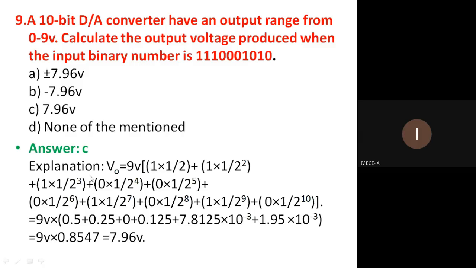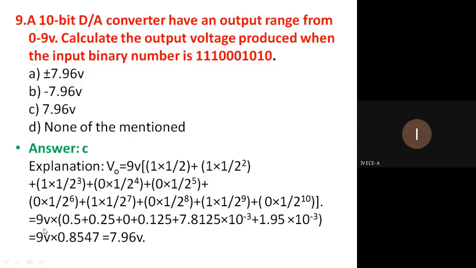Explanation: output voltage equation for a 10-bit DAC. VO is V into the sum of bit times weight: 1 into 1 by 2, then 1 into 1 by 2 square, plus 1 into 1 by 2 power 3. Then for the 0 bits, 0 into 1 by 2 power 4, 0 into 1 by 2 power 5, and so on up to the last bit, the 10th bit. 0 into anything gives 0.